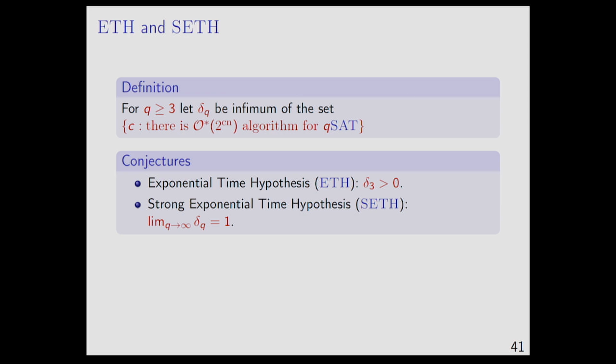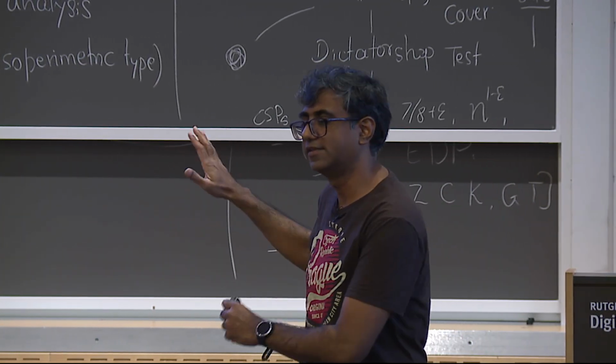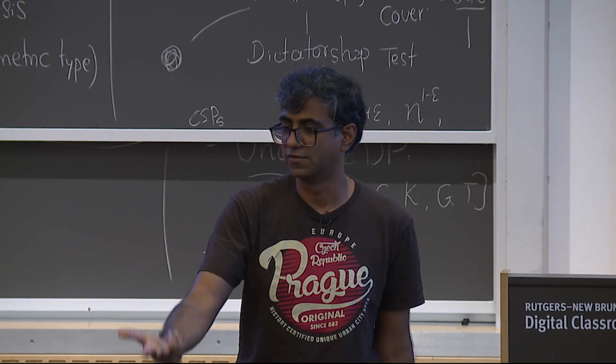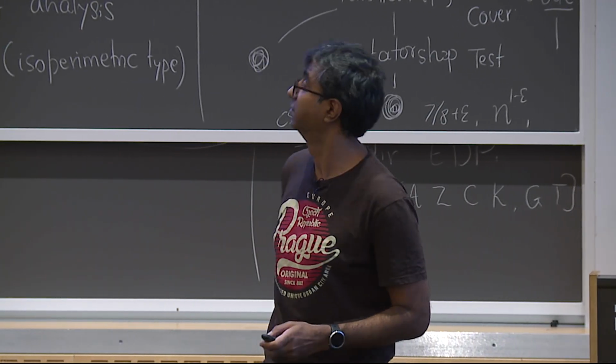And the strong exponential time hypothesis tells us that as q tends to infinity, delta_q tends to 1. The reason I did not tell it in the previous way is that the informality is okay for many reductions, but this is the right way if you want to do randomization, a randomized version of ETH or a randomized version of SETH. So this is a much better way to tell.